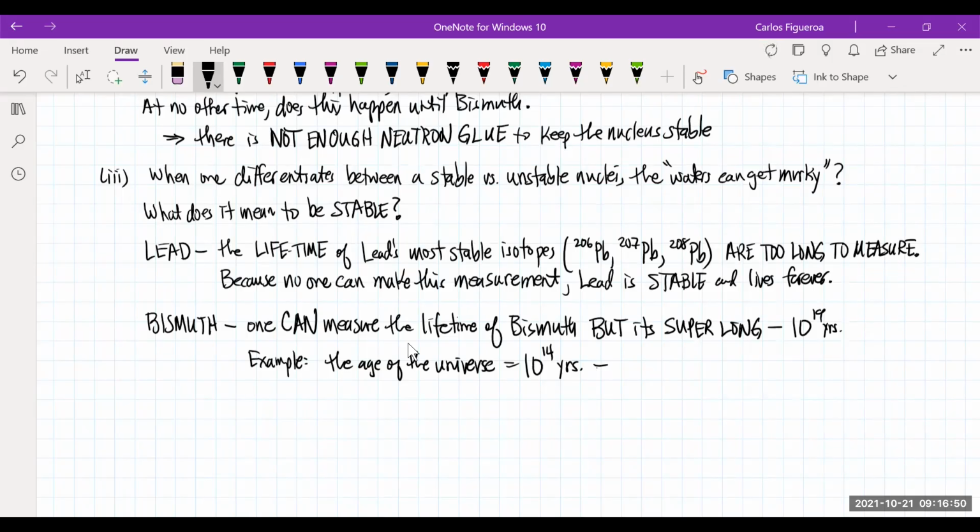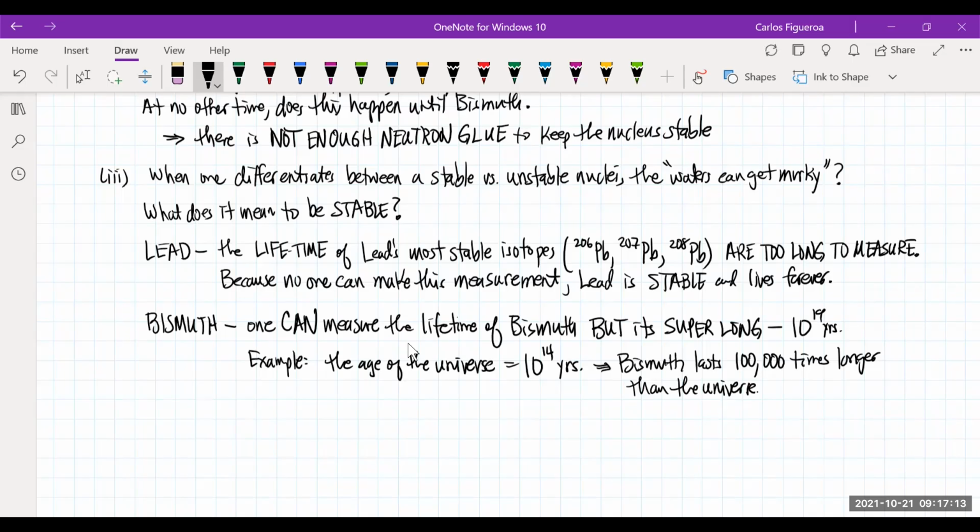So this implies here that bismuth lasts 100,000 times longer than the universe. And when I was a kid, that used to drive me nuts.